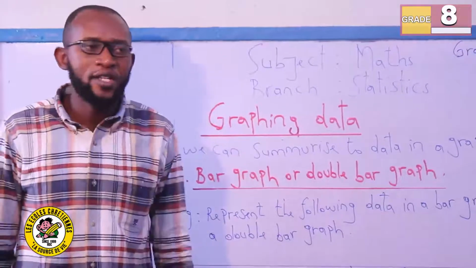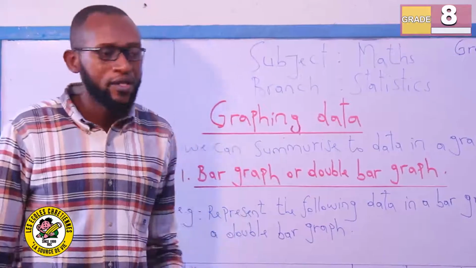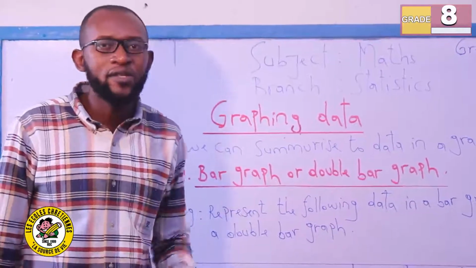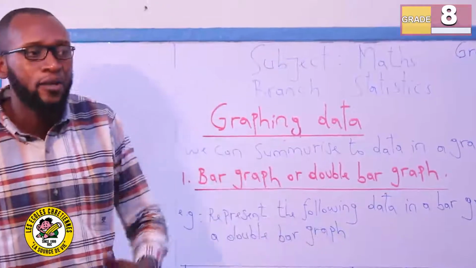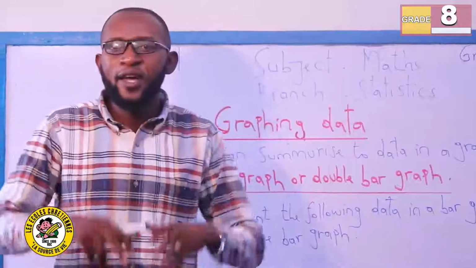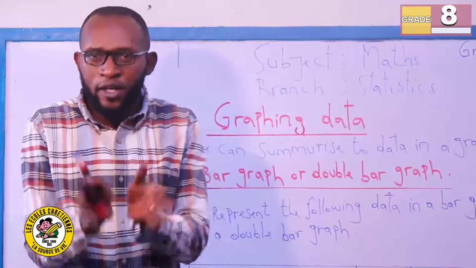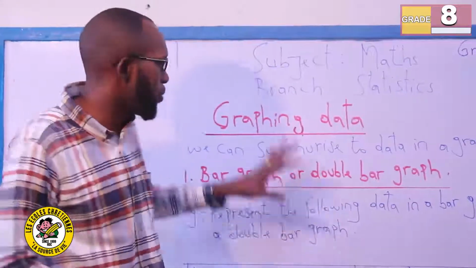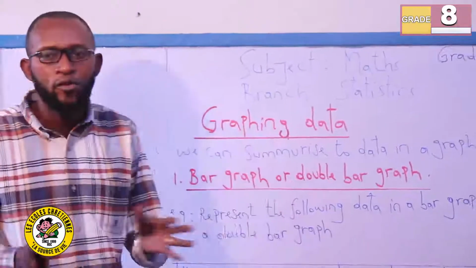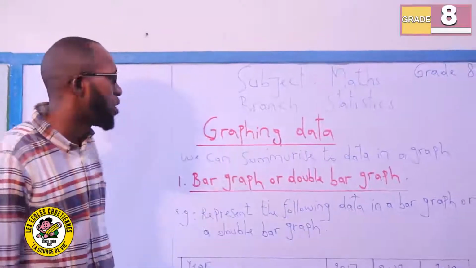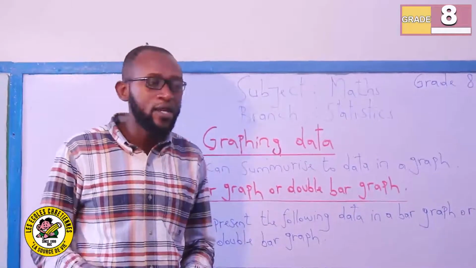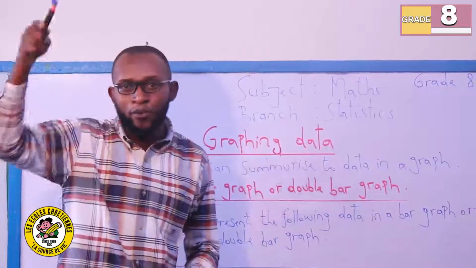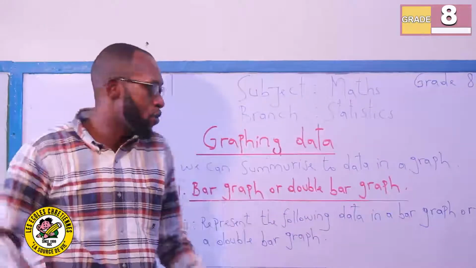So in statistics, if you remember, we say statistics is a branch of mathematics that concerns collecting data, organizing data, and representing data in a graph. So today we learn how you can represent data in a graph. This part is very important because every day in the finance market, you always see they represent all these graphs.